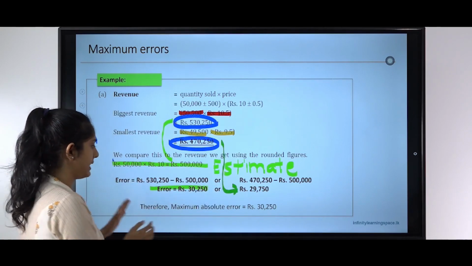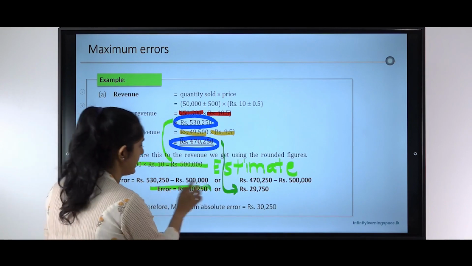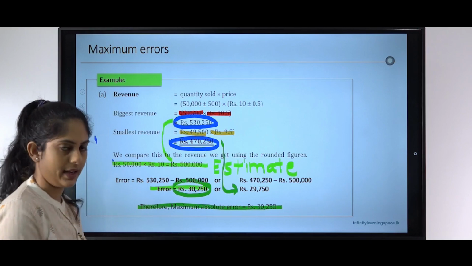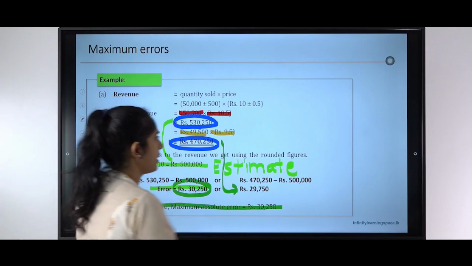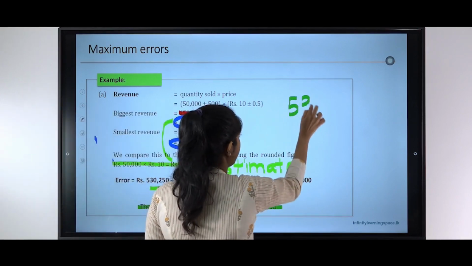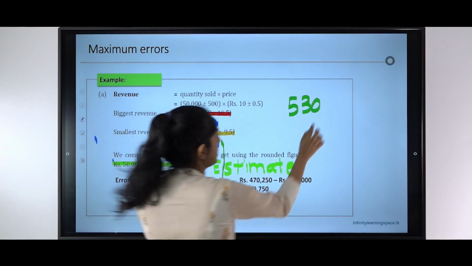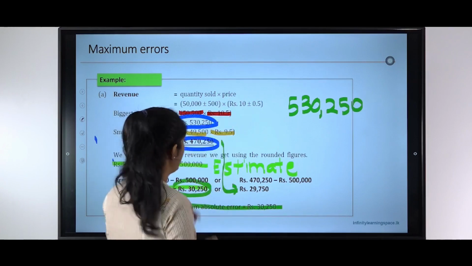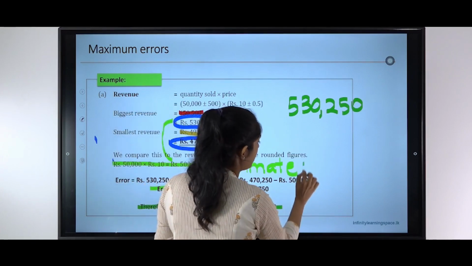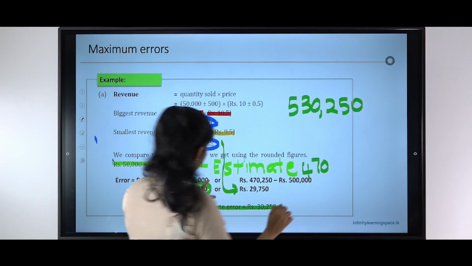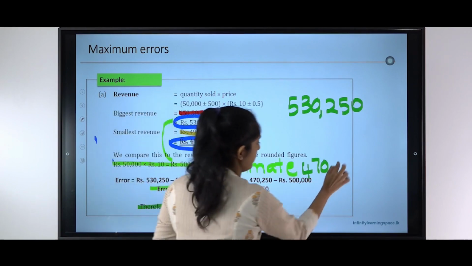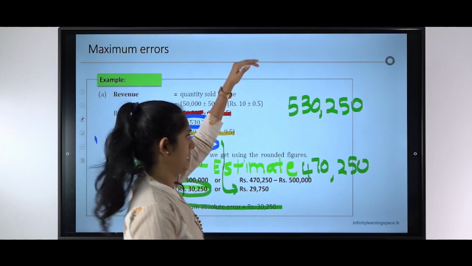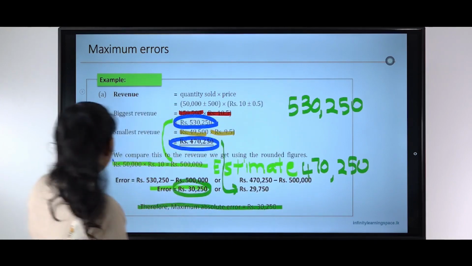So the bigger error is here. The maximum error is 30,250. So you could have gone up to a maximum of 530,250. This is the high side. On the lower side, we could have gone down to 470,250. I took the lower price, lower quantity, and the high price, highest quantity, right?